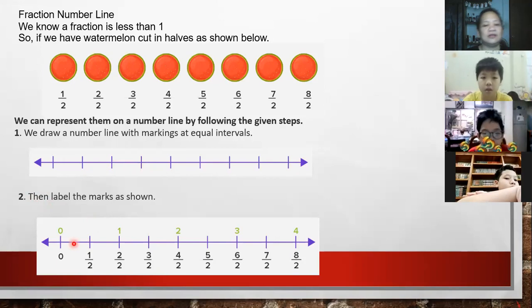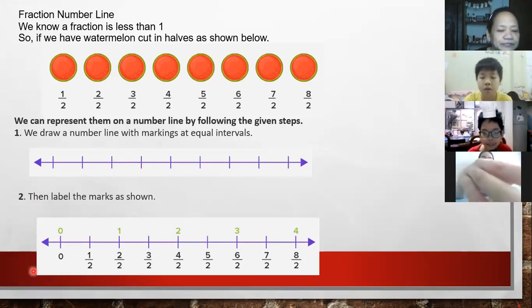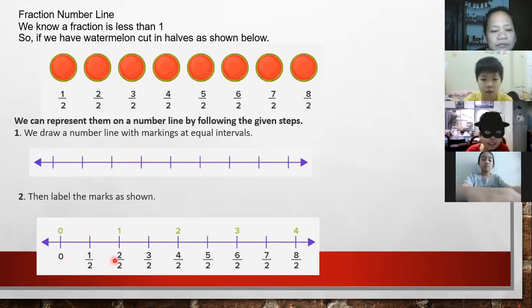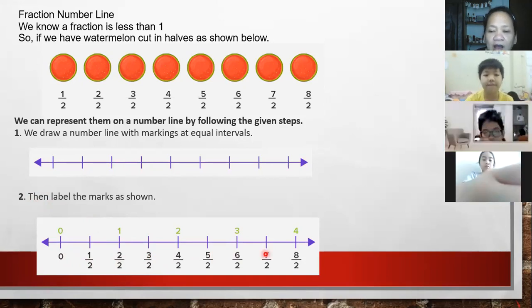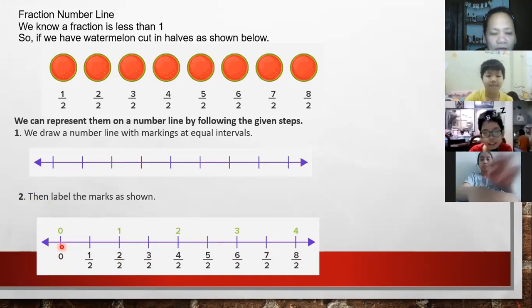Okay, look at this. This is 0, 1 half, and this is 2 half, 3 half, 4 half, 5 half, 6 half, 7 half, and 8 half. Look at the interval.